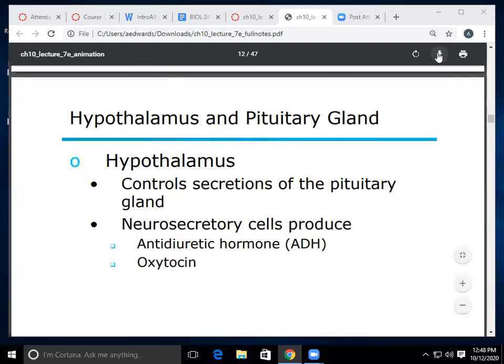There are specialized cells there called neurosecretory cells. Neuro, nervous system, secretory, release. So they produce antidiuretic hormone, also known as ADH, and another hormone called oxytocin.